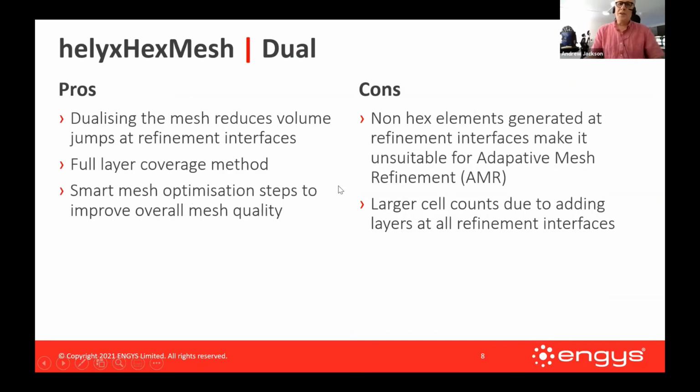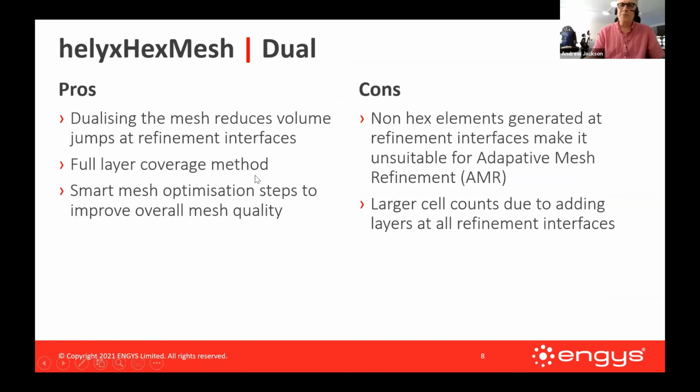So this dualized approach does a good job at reducing the jumps in cell volumes at refinement interfaces, and obviously it's a method for generating 100% layer coverage. Also, this method has a lot of smarter optimization methods to improve the overall mesh quality.